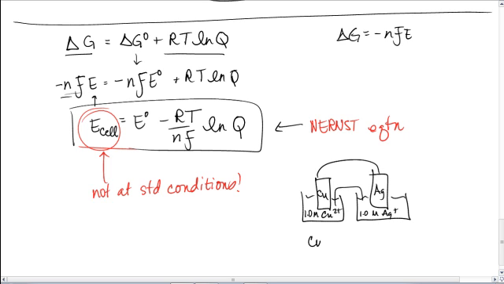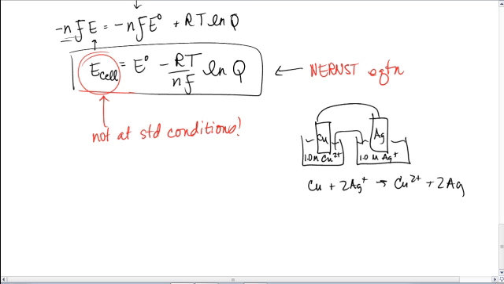And the equation, which is going to be important to us: as the battery runs, what we can see is that this silver ion concentration is going to go down. It's going to get used up. And the copper ion concentration is going to go up. It's going to be producing more as the reaction runs.